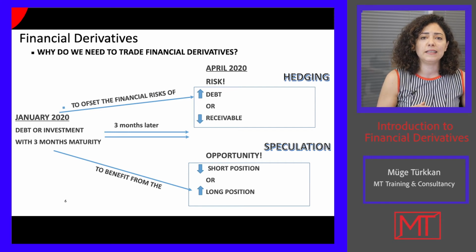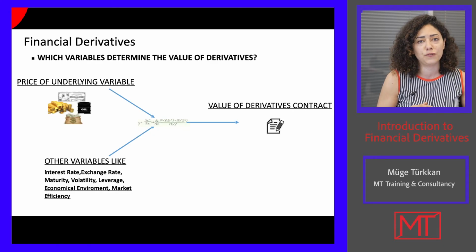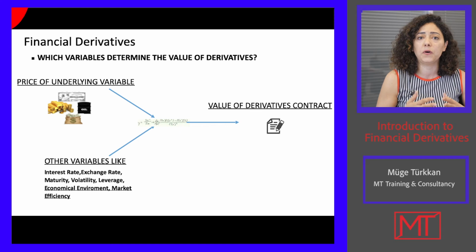But is that underlying asset's price the only determinant of the value of derivative? The answer is no. There are some other determinants which also have a role in the value of derivative, like risk-free interest rates, days to maturity. As we also talked, leverage and volatility.